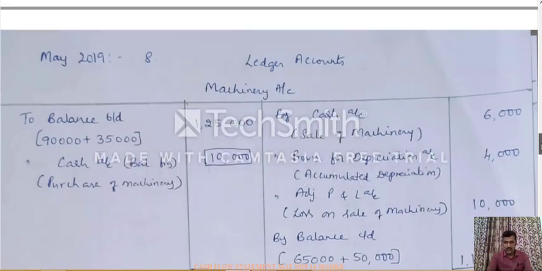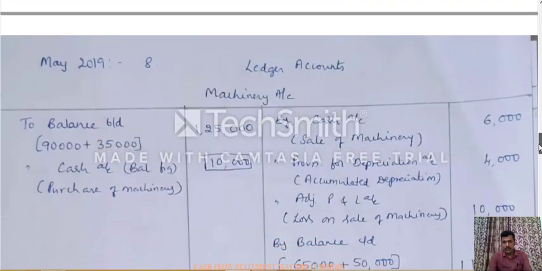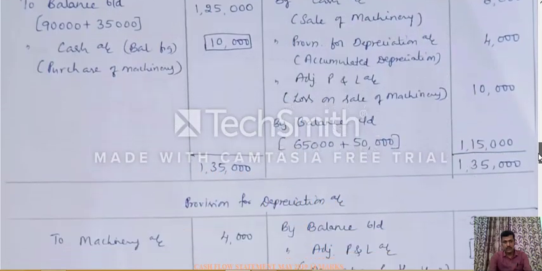So you can say that in the problem, the value of machinery is 20,000. Depreciation already provided on it 4,000. So the value of that comes to 16,000. But the asset has been sold for 6,000 rupees. Thereby the company is suffering a loss of rupees 10,000. So the 10,000 rupees loss is to be transferred to adjusted profit and loss account.